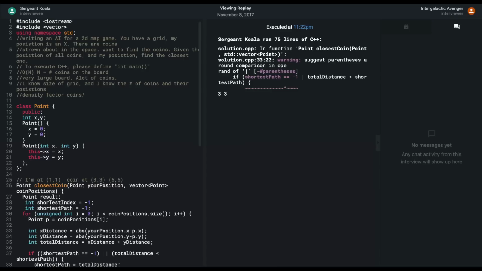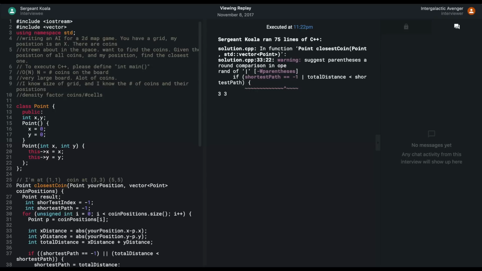And beyond a certain point, if it's really dense, then I would want to use the breadth first search because there's probably one close by, and correspondingly, because it's so dense, there's a lot of coins. But if it's very sparse and there aren't very many coins relative to the number of cells, then I would want to use this algorithm that I wrote out.